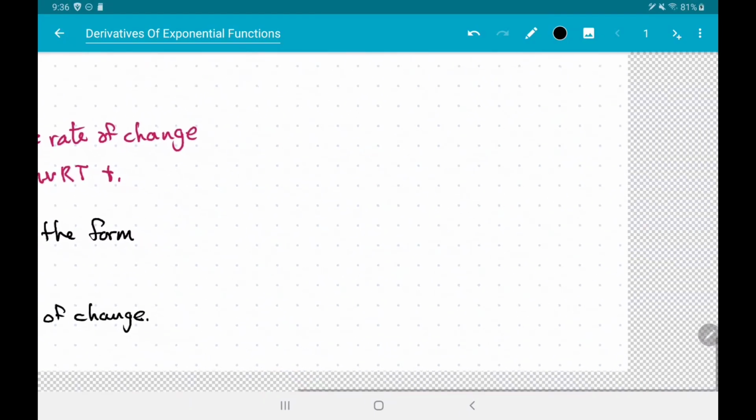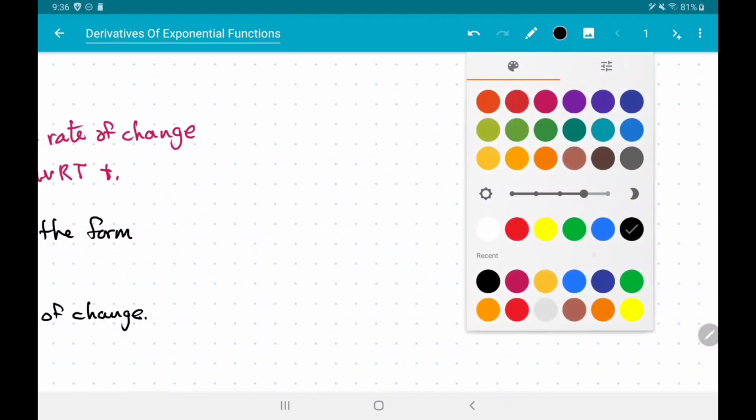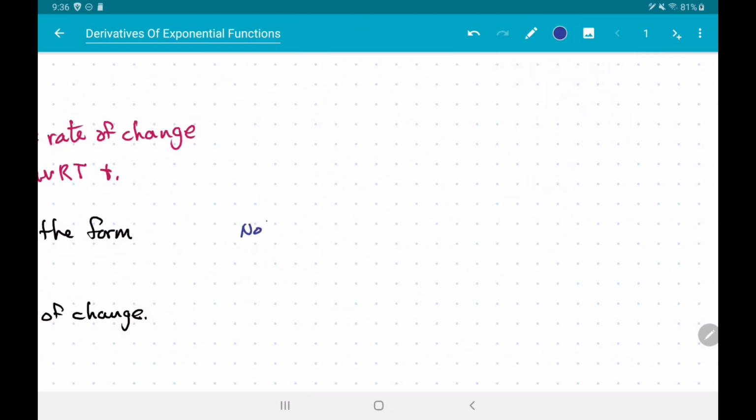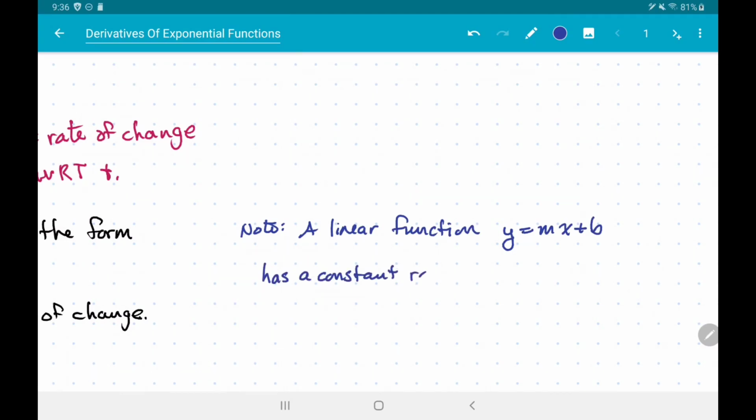Just to put this into perspective, let me come over here and write note. A linear function, so I'll write this as y equals mx plus b, has a constant rate of change dy over dx equal to just the slope m.